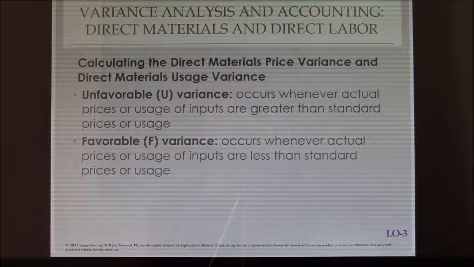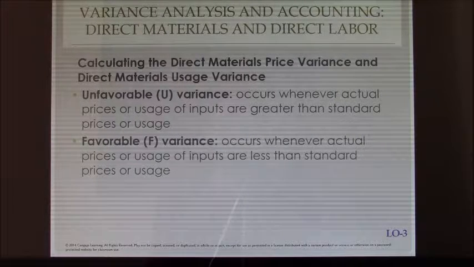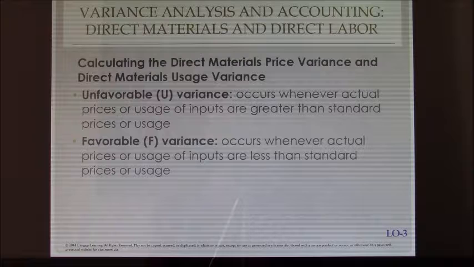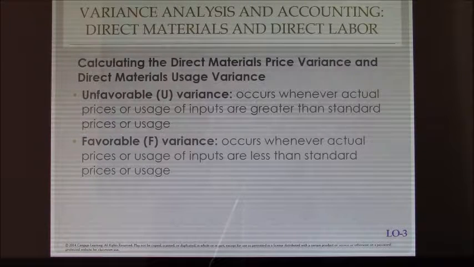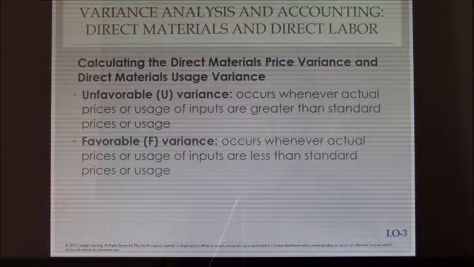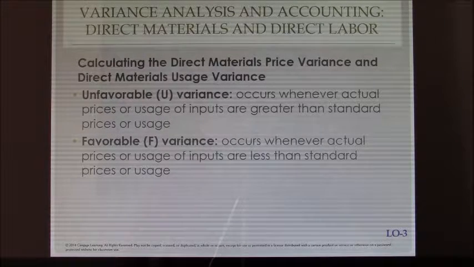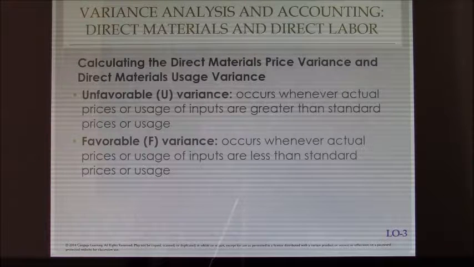And I just always remember an unfavorable variance decreases profits. Whenever actual prices are greater, that's unfavorable. When actual prices or uses are less, that's favorable. But I always think of it in terms of, is it income increasing or income decreasing? Because that helps me remember which way the journal entries go.